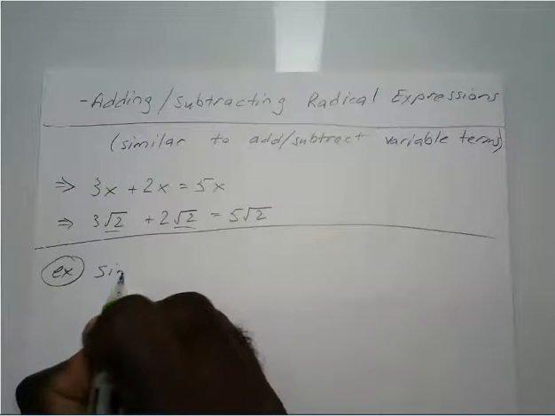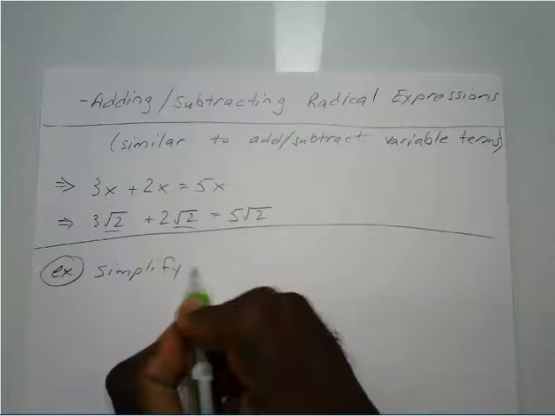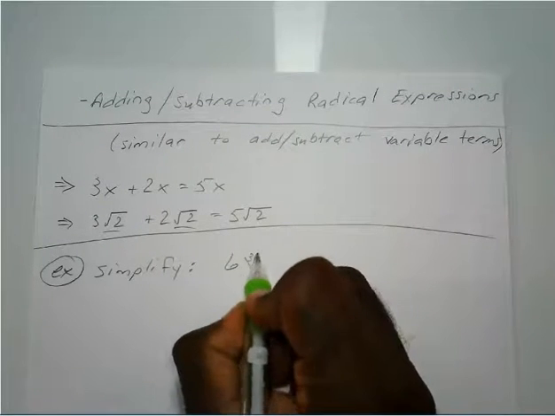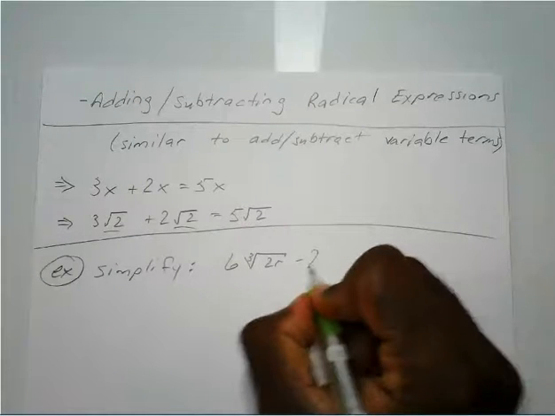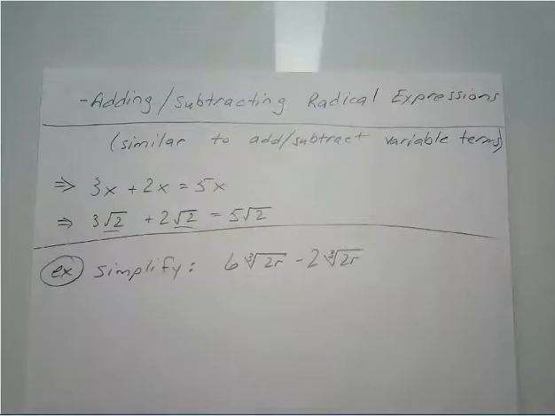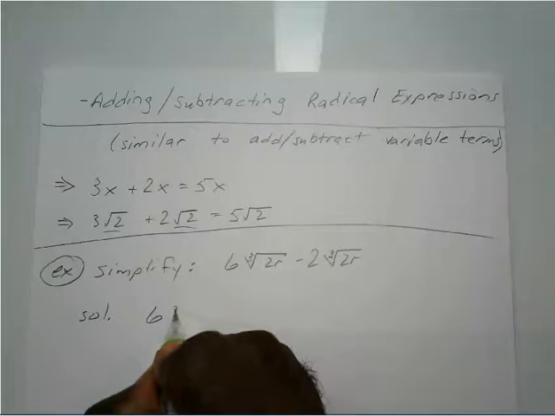Okay, so for example, if you had to simplify, say 6 times the cube root of 2r minus 2 times the cube root of 2r. Okay, so go ahead and rewrite it.